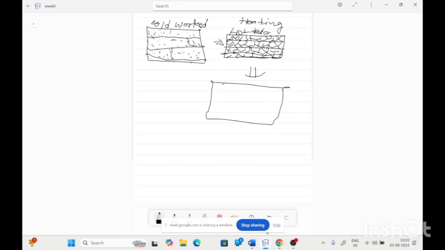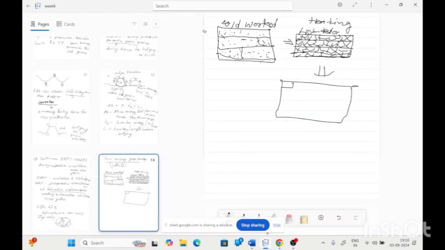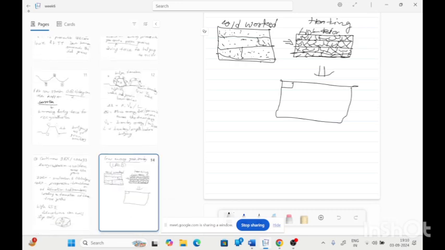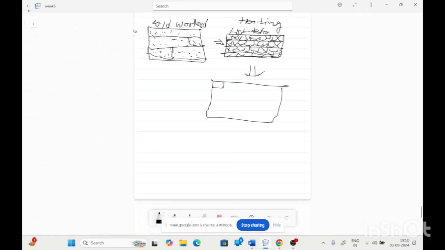So after some point, some grains are formed like this.